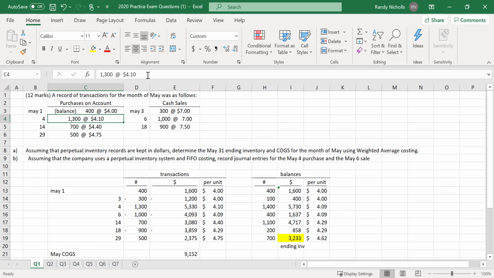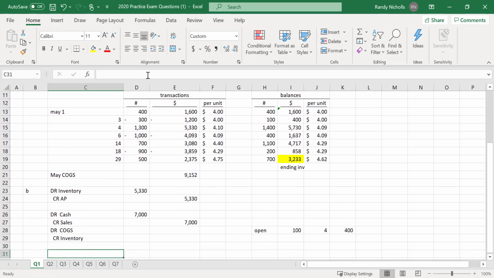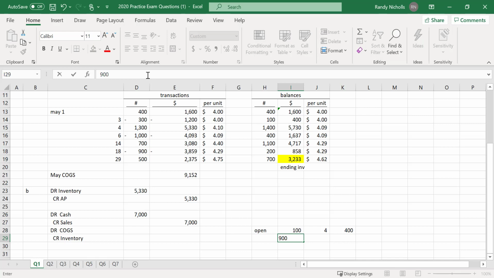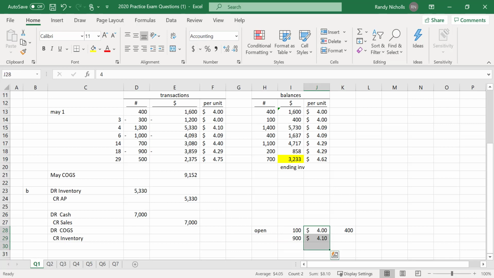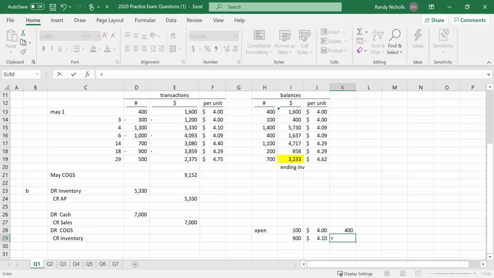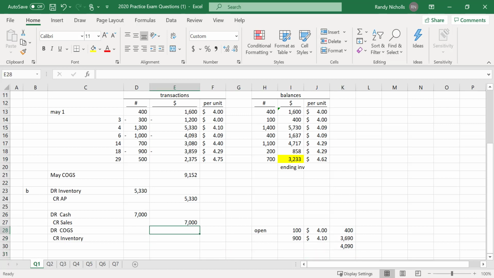And those I paid $4.10 for. So I've got 900 units. Again, FIFO is a layer, right? So this layer is at $4.10. Just to make it a little clearer. So my cost of goods sold for this transaction in FIFO is $4,090.